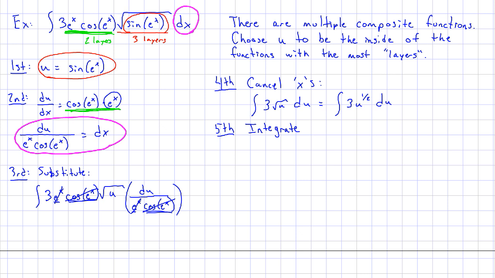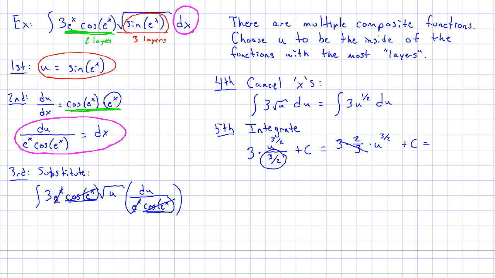I will apply the inverse power rule to this 1/2, and I'll get 3 times u to the 3/2 over 3/2 plus c. I'm going to clean this up a little bit by doing copy dot flip with my fraction in my denominator. This is also called multiplying by the reciprocal. So I end up with 3 times 2/3 times u to the 3/2 plus c, and those 3's turn into 1 when they multiply and divide.